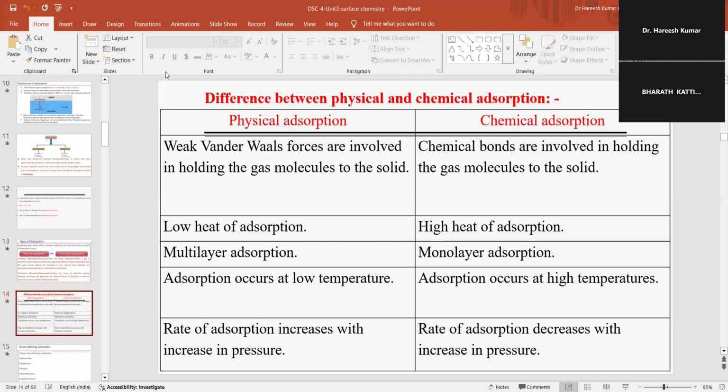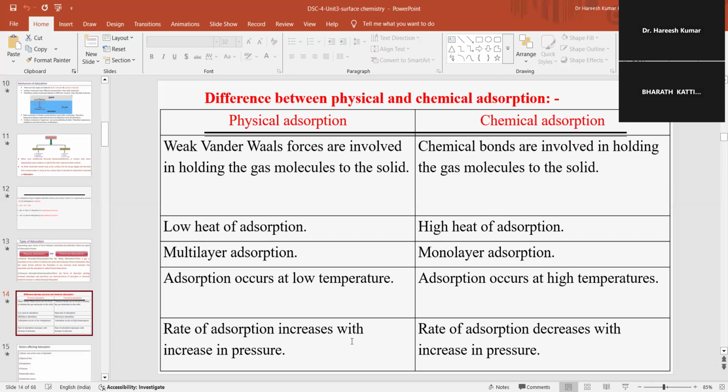Why? Chemical adsorption requires bond formation, and you know that the rate of reaction increases with every 10 degrees rise in temperature. That is the principle involved in chemical adsorption. Chemical bonds are involved. Weak bonds are involved in physical adsorption.